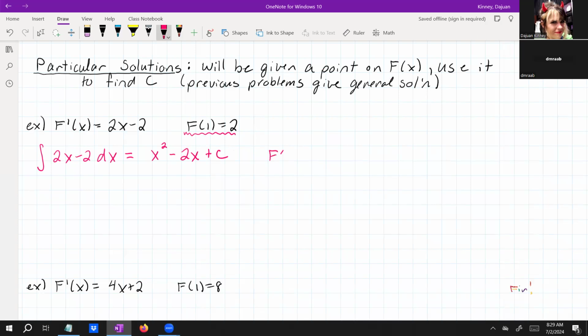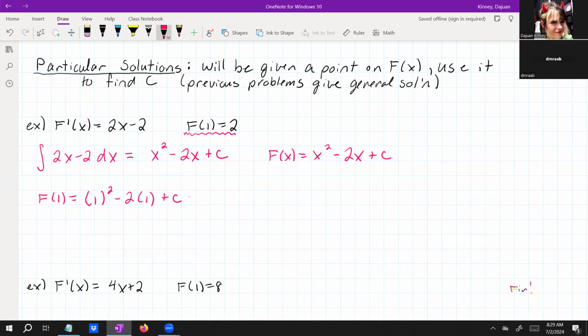So this tells me f of x equals x squared minus 2x plus c. Now I plug in my values. So f of 1 equals 1 squared minus 2 times 1 plus c.